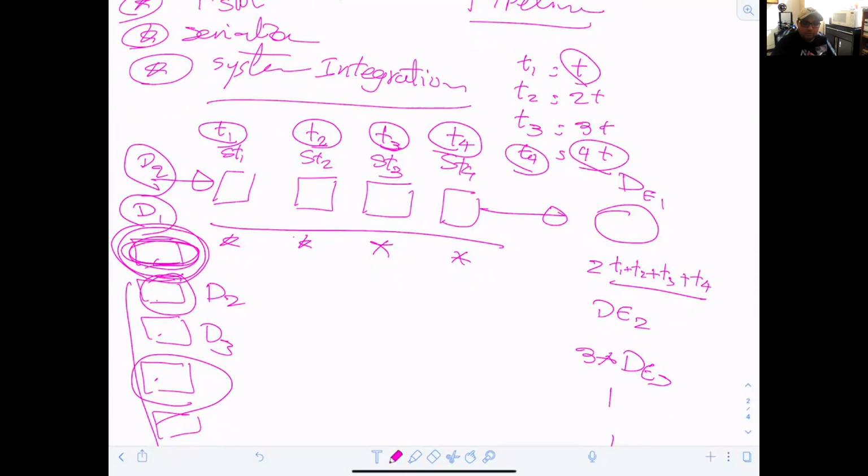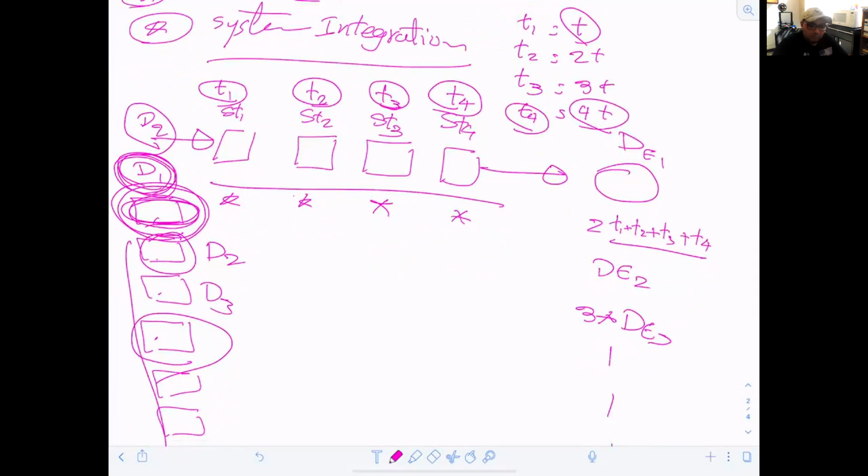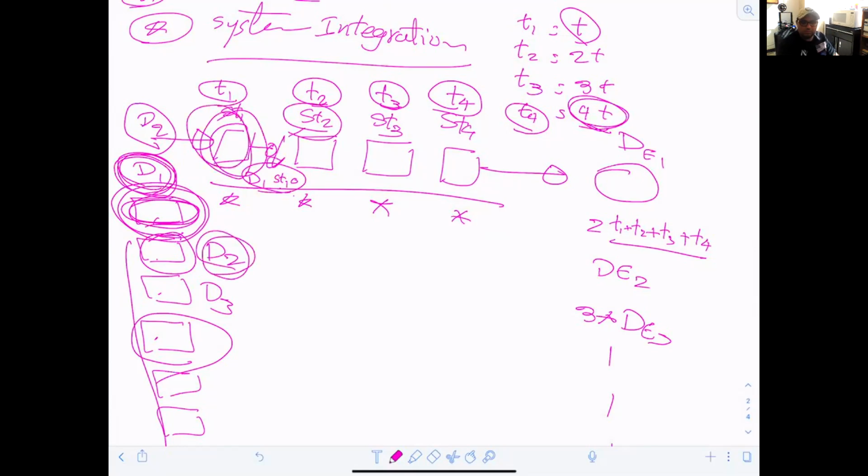T4, so 4T. Then you take D1 and process it with ST1, but in how much time? In 4T. Then the output of this will be DE1 out of ST1, which becomes the input for ST2. While ST2 is working on this DE1, DE2 will be processed by ST1, also in 4T, 4T, 4T.